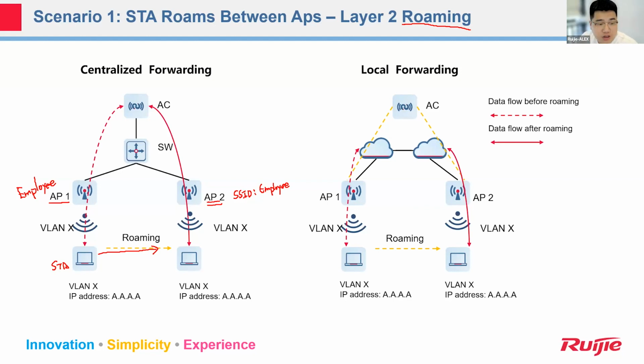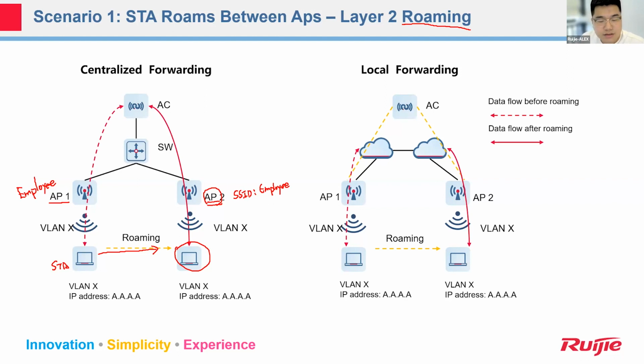But during the moving of the STA, it can find out that at this time AP2 can offer a better signal, or a better service quality. So at this time, I want to connect with AP2 because the SSID is the same, the same WLAN network.